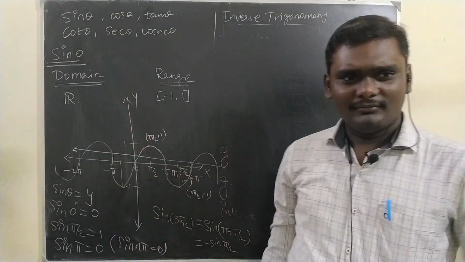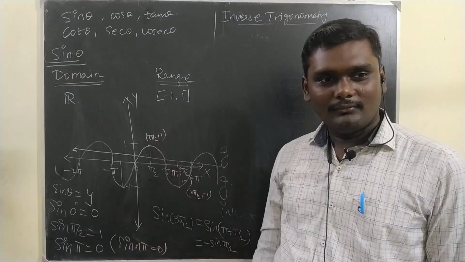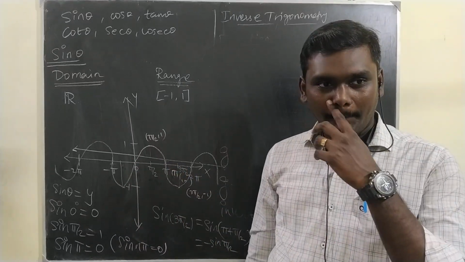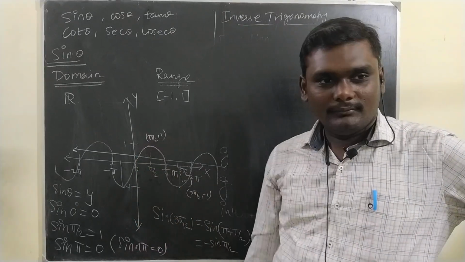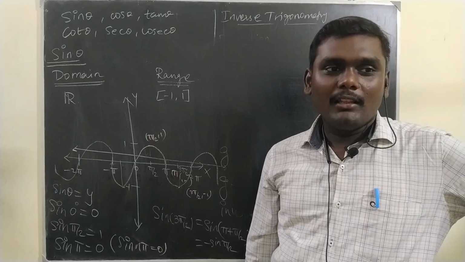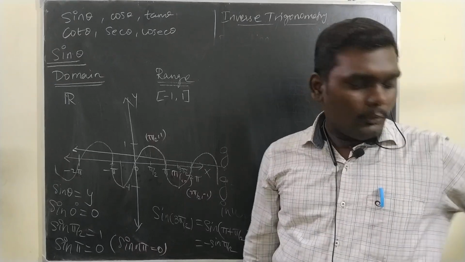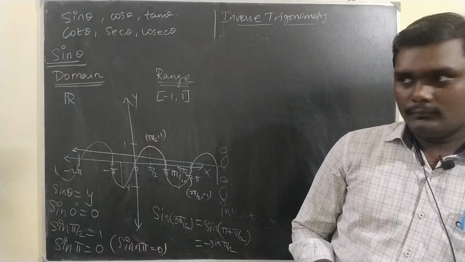Look at this guy. He is just a function. He is not even 1, 1. Not onto as well. Onto means what? In the codomain, all the values should be mapped, right? Who is our codomain here? Come on, in the graph.